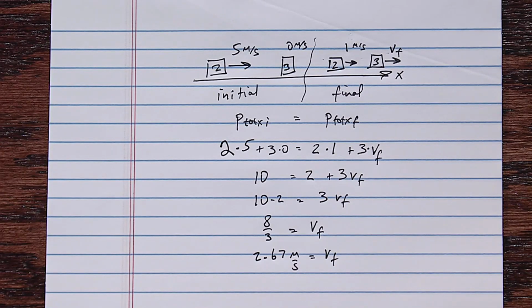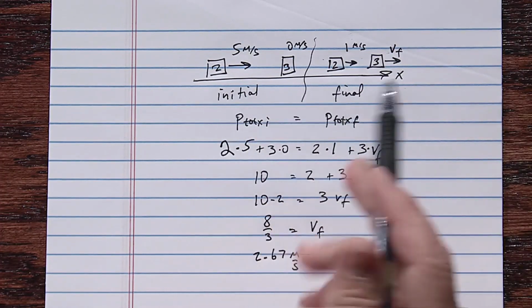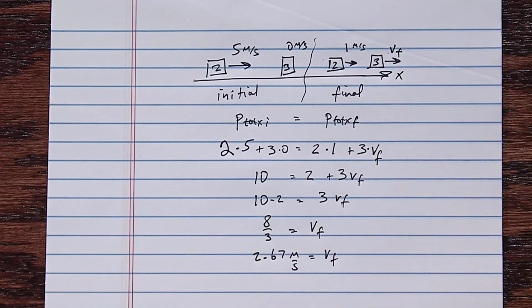So these are a lot of examples of using your conservation of momentum. We've only done one direction, but the same would hold if we had objects moving in 2 directions. You would have to conserve separately the total x momentum and the total y momentum. Let me give you one more example.